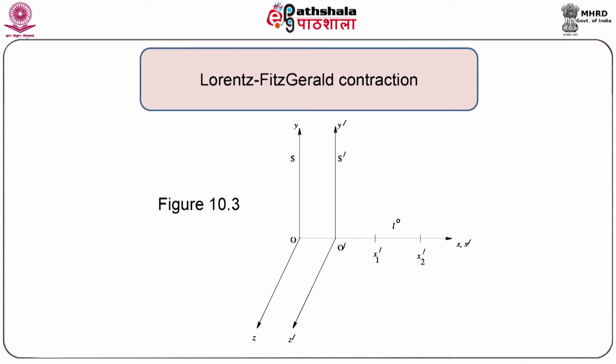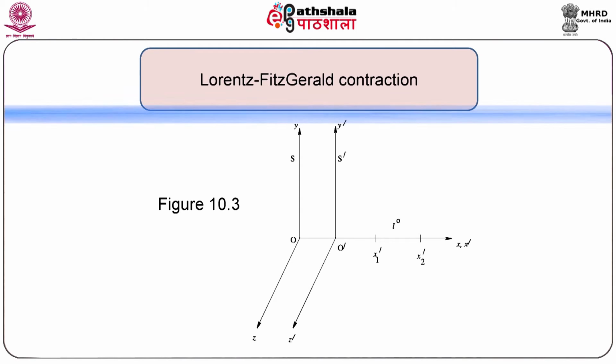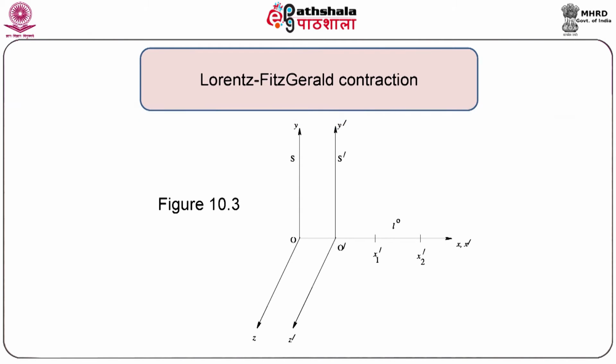The frame S has the coordinate axes OX, OY, OZ, while frame S dash has the coordinate axes O'X', O'Y', O'Z'. Initially, both the origins of the two frames were coinciding, that is, O and O dash were coinciding at t equal to 0.